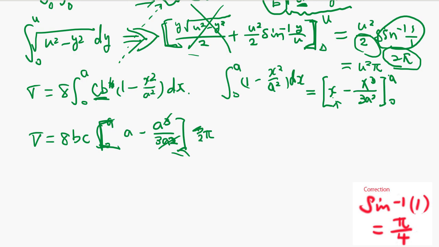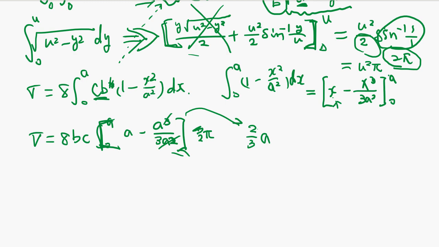Let's see, this is going to be a, right? This part, and 8 b c, and oh, here's a 2. Don't forget this pi. So we forgot, we dropped some constant. It's supposed to be 4/3. Let's see where we dropped it.